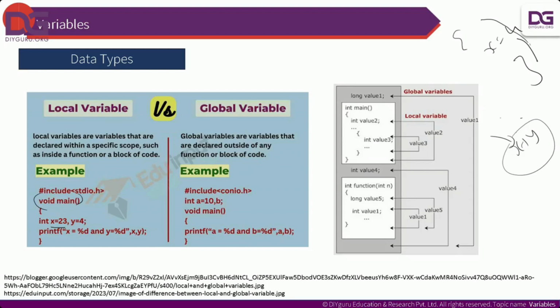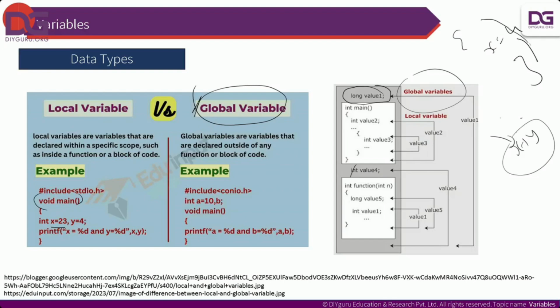So if you are having multiple functions, and you're using a variable that deals with various functions, you can initialize this variable outside your scope. That is called a global variable. So the variables that are declared outside your scope, outside your function, are global.